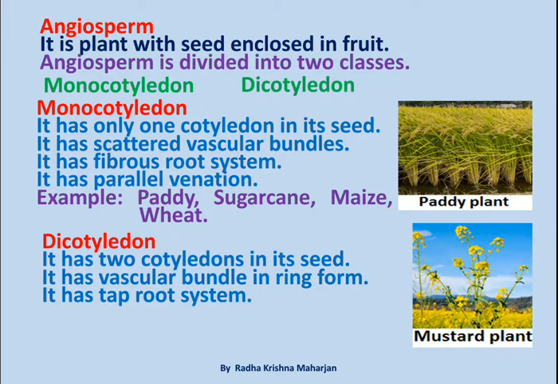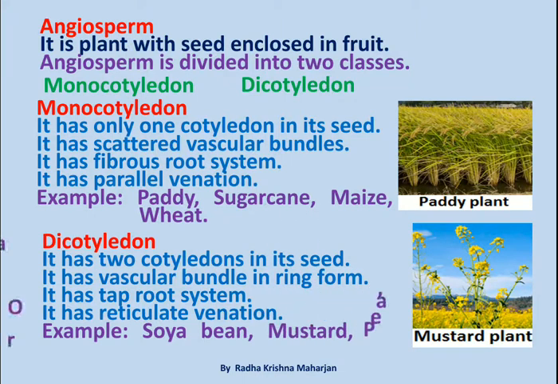It has taproot system. It has reticulate venation. Example: soybean, mustard, pea, orange.